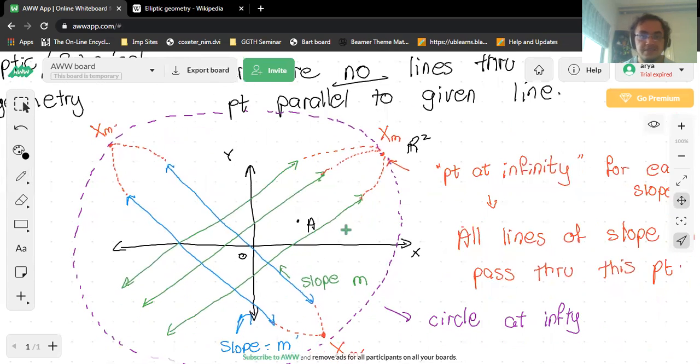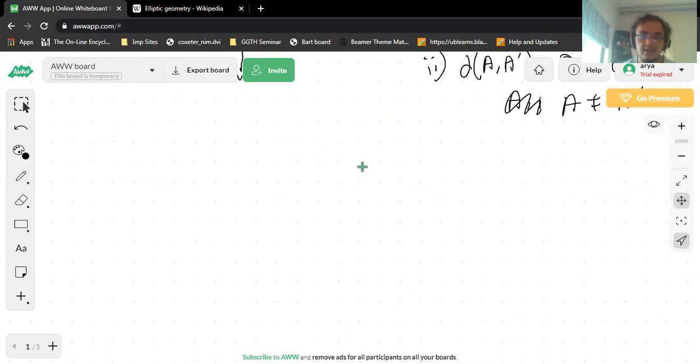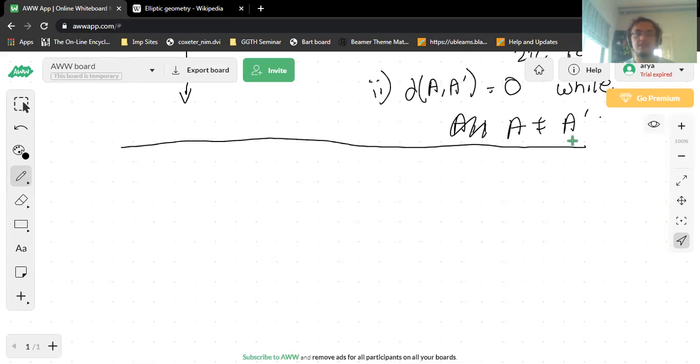So this is how we define elliptic geometry, which is also known as spherical geometry. And finally, this may make the picture a lot clearer. We will talk about why this model is known as spherical geometry, where a sphere is coming in, where an ellipse is coming in, and so on.